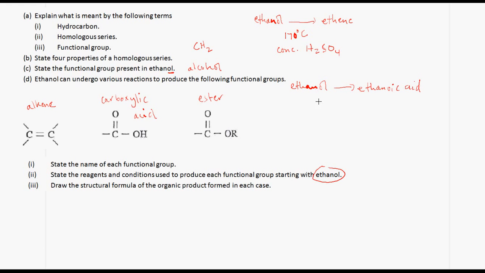And the reaction conditions in this case is that we have to heat with acidified potassium dichromate 6.